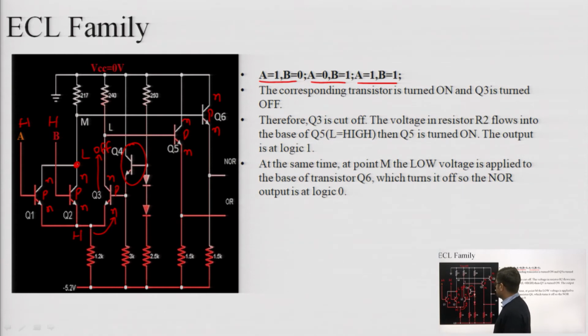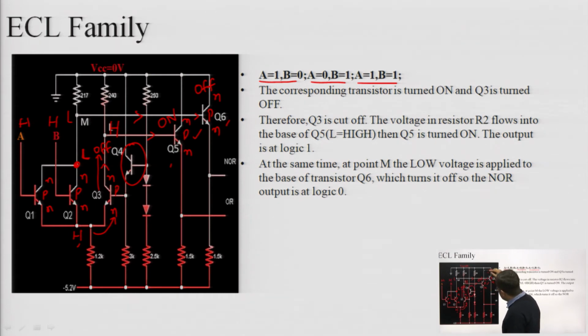If Q3 is off, then this collector potential must be high, because it is not conducting. Similarly, these transistors are conducting now, that's why this was high and collector potential was low. So this low point is connected to the P type base of this transistor. So this must be off, and this is high connected to the P type base of Q5. So this must be on. Okay. So this Q5 is conducting, Q6 is not conducting.